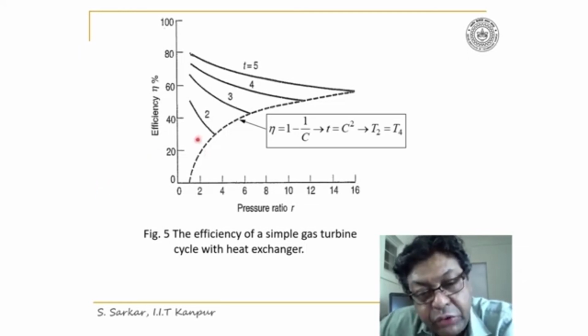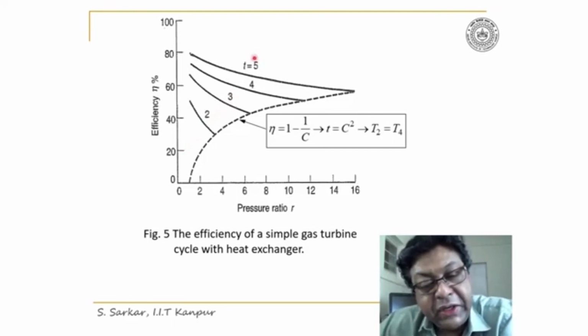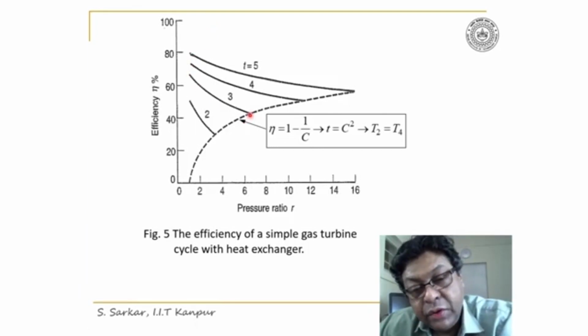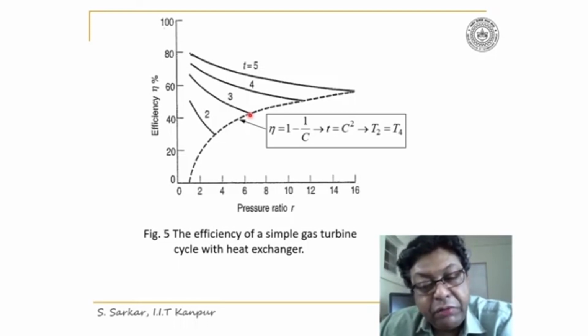Now, as temperature ratio increases, the efficiency increases. Similarly, for a certain temperature ratio, say small t is equal to 3, as pressure ratio increases, the efficiency decreases, and it will terminate at a point where the efficiency becomes equal to that of a simple gas turbine cycle for optimum power output.